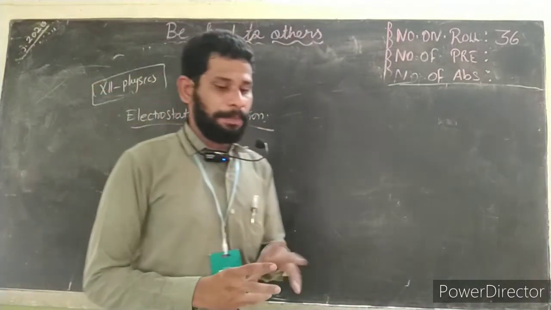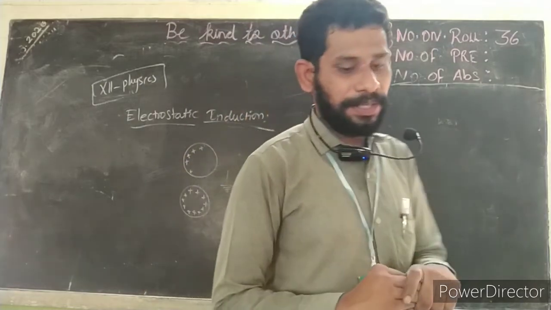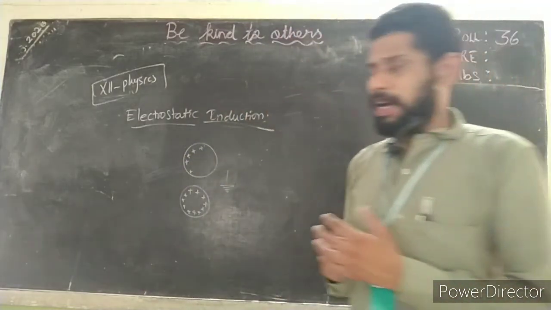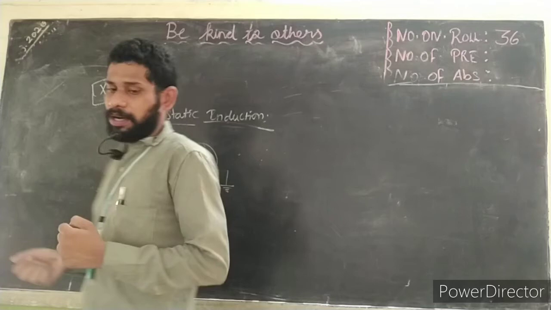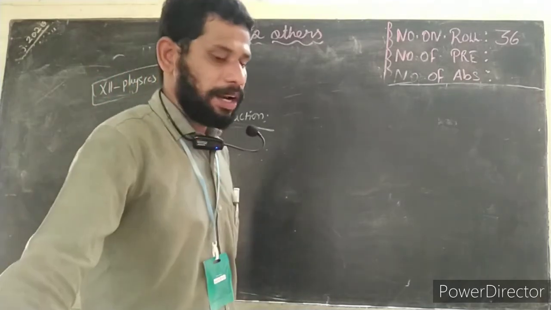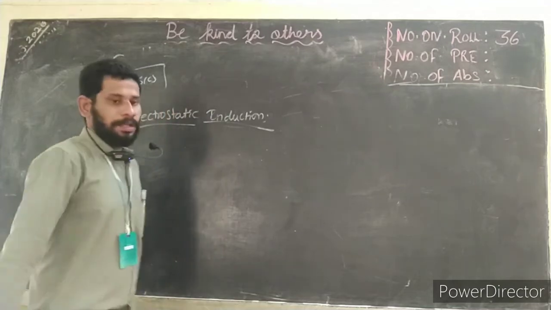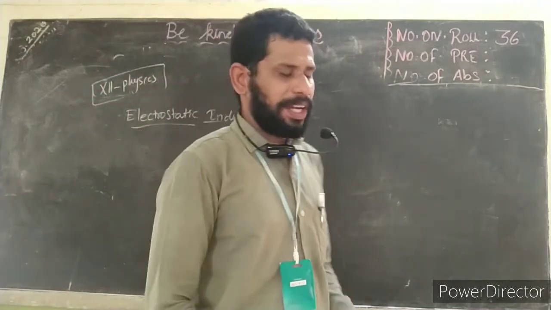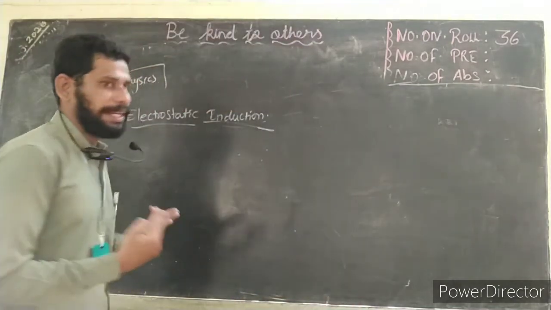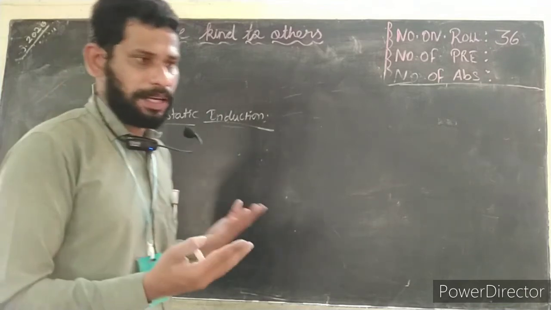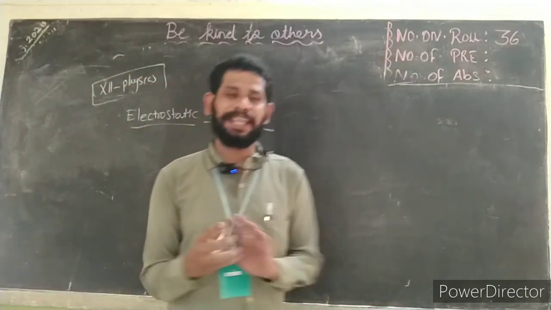Turn to page number 51, dielectric and insulator. What is meant by dielectric, and what are polar molecules and non-polar molecules? Dielectric means it's partially electric, partially conducting, like a semiconductor.